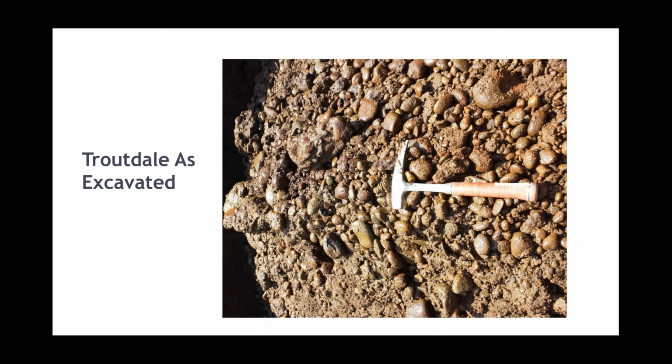And so sometimes the color variation is so subtle between the CFD and the Troutdale, it's very difficult to know that you're in the Troutdale. And so, when the grab destroys the cementation, you really got to have a qualified engineer looking through it to make sure you are in the right material for design.